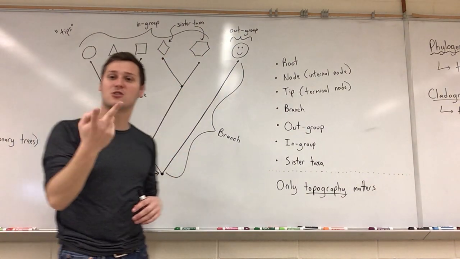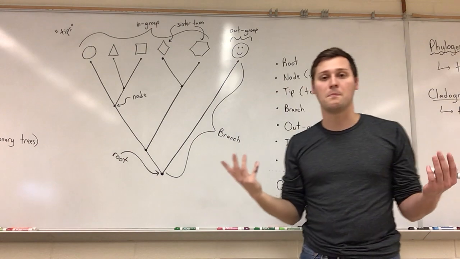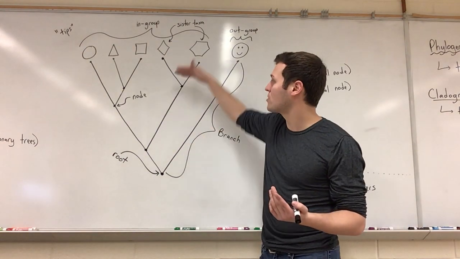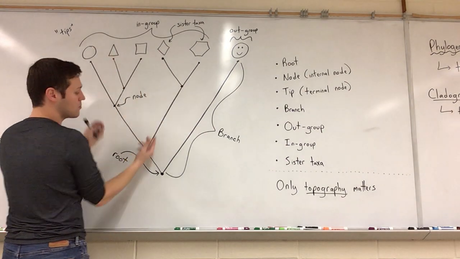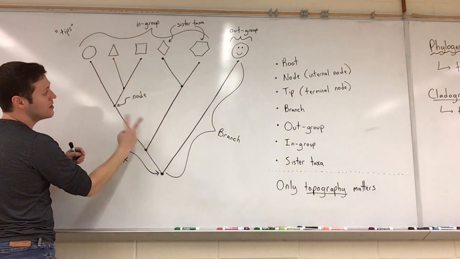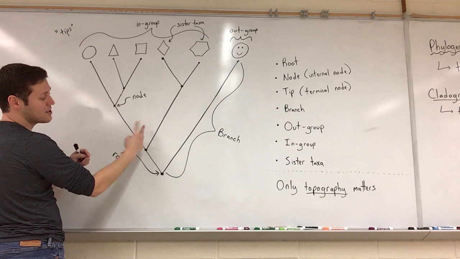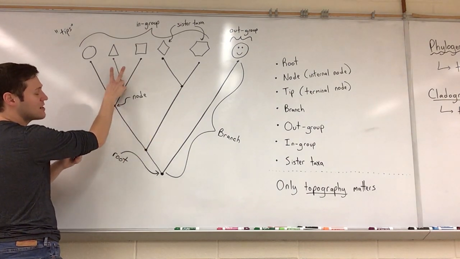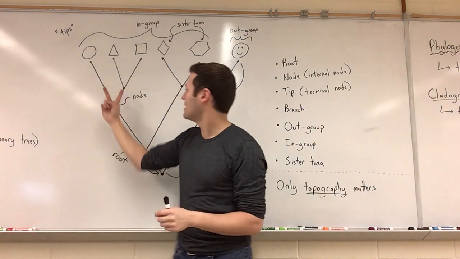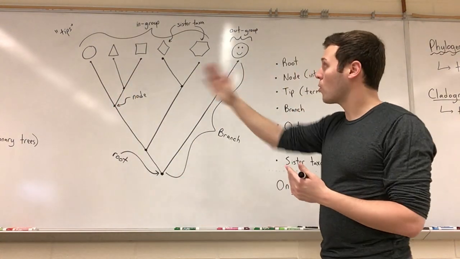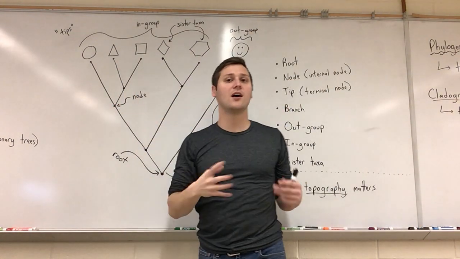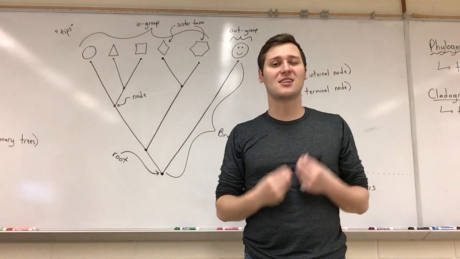If we just switch the terminal nodes or the tips, as long as we keep the branch order the same, that's fine. We could have also switched this entire one. We could have rotated it on this node and switched this entire branch. We could have rotated it there, rotated it there, rotated this here, and it would still be considered accurate. So the order of the tips, the order of the terminal nodes doesn't really matter.